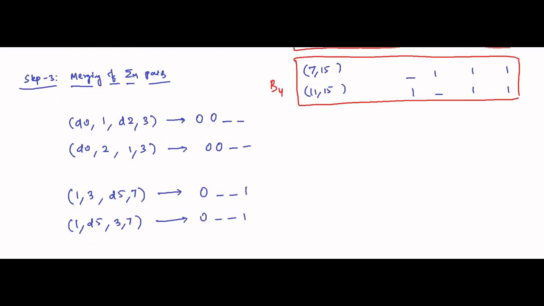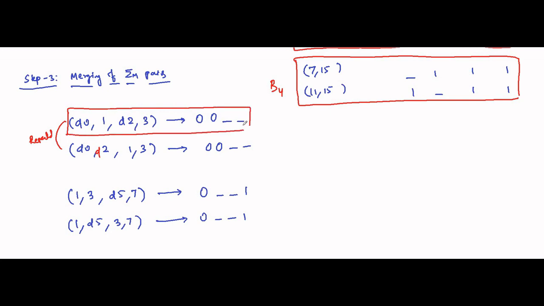If you pay attention here, both of these merged minterm pairs contain the same minterms: D01, D23 and D01, D2. This is D2, not D only, by mistake. Always be sure to include the D symbol for don't care terms. So they are repeated merged minterm pairs, and we only pick one. In this case we'll pick this one because it is in serial order.